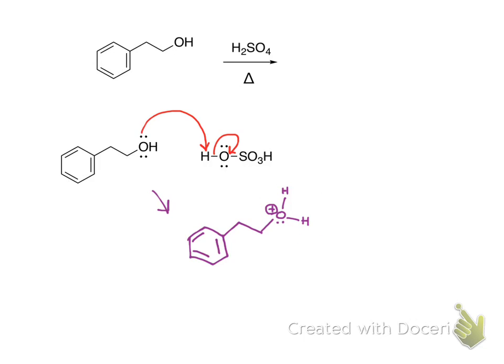So, what happens next in the E2 mechanism? Well, just like before, in our first step we formed bisulfate, which is ultimately going to grab onto a proton. And what's going to happen here? Well, here we're going to do our elimination and alkene formation in one fell swoop. There's no carbocation intermediate.